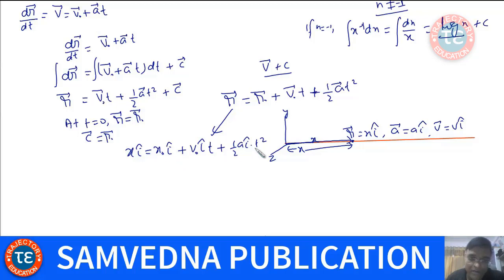Everywhere you have i cap, so we can equate the coefficient of i cap, and we get x equal to x naught plus v naught t plus half a t square.